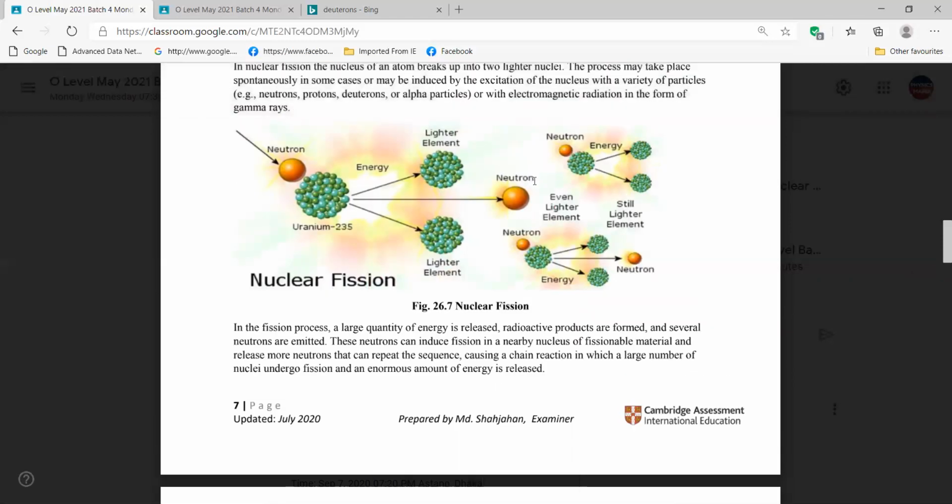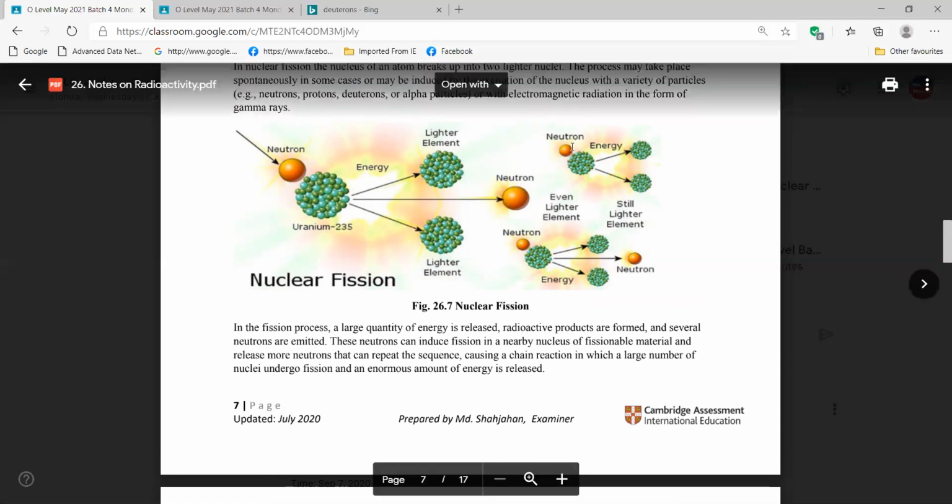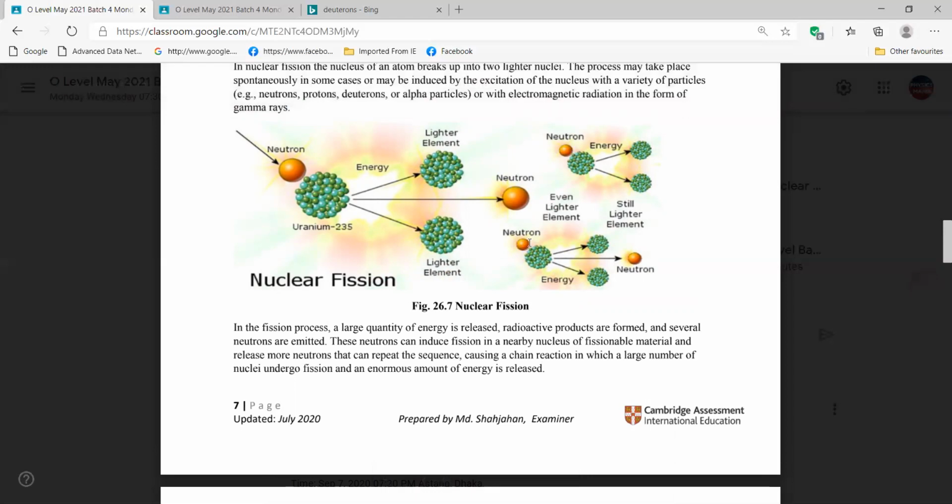They only showed you one, but we have 2 more neutrons here. Look, one is here, another one is here. Here they are showing you only one, but actually there are 3.